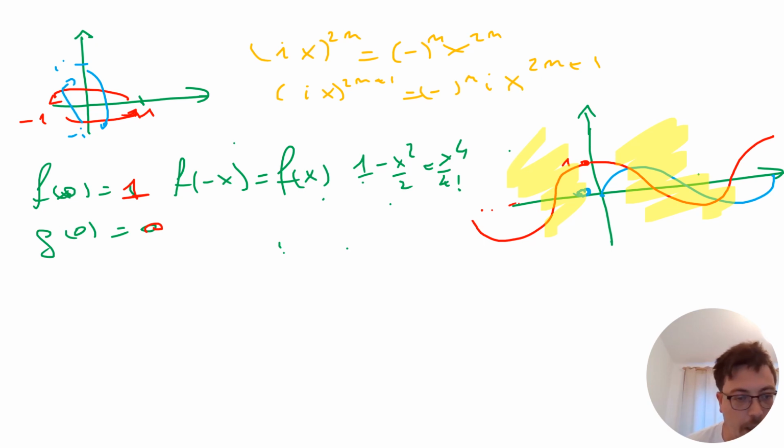And then we can show that g of minus x is equal to minus g of x.